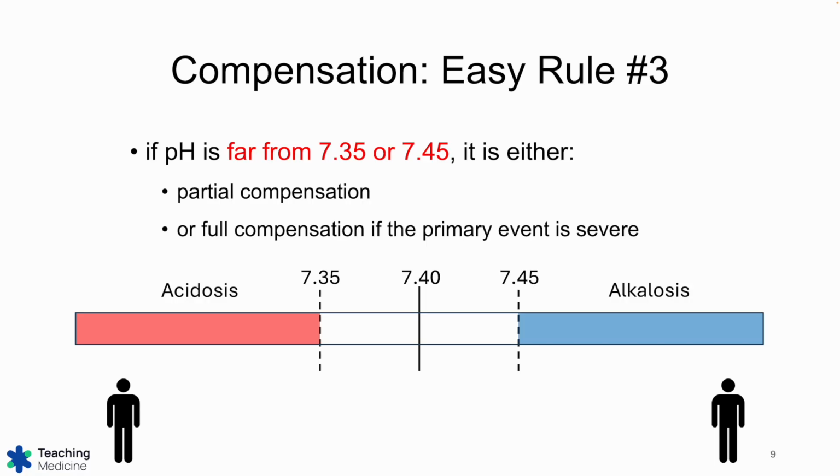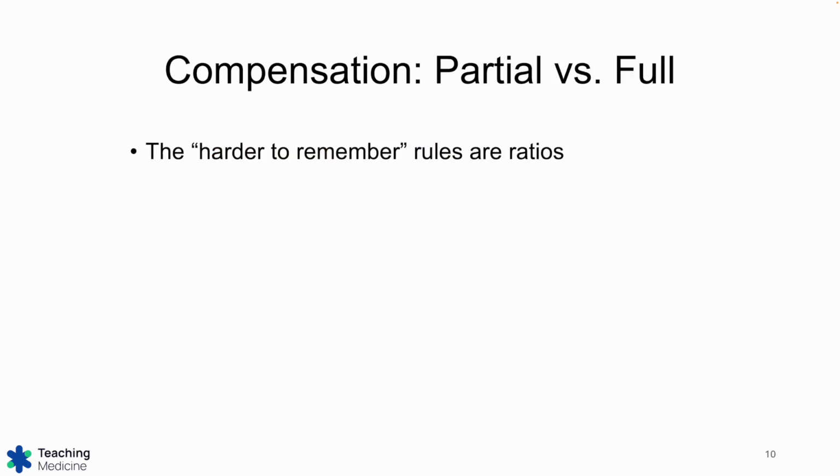So if you have a pH that's really acidemic or really alkalemic, it's either partial compensation, which is most probable, or if you just had a really severe primary event, you could actually have full compensation. So those are the easy ways to sort of figure out full versus partial compensation.